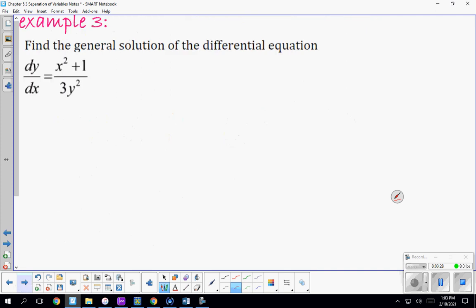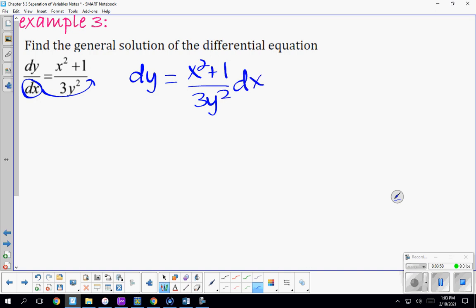Here we're going to look at another example of actually using separation of variables. The key thing is that our variables have to be corresponding. Numbers do not. When I take this to the other side, I get that dy equals x squared plus 1 all over 3y squared times dx. The only problem is that y squared.